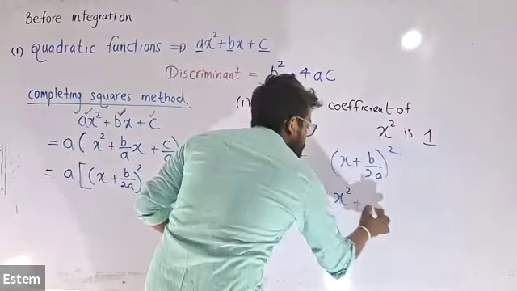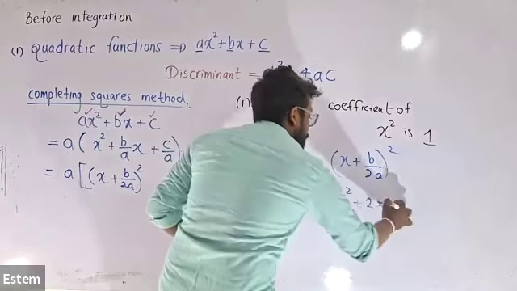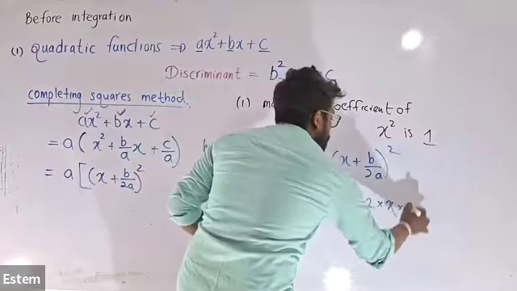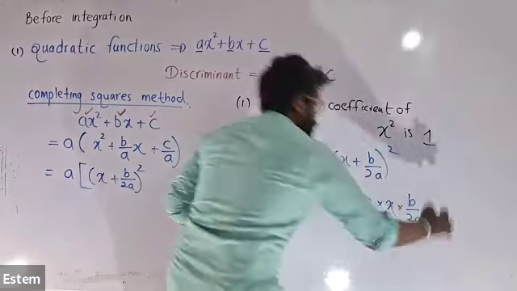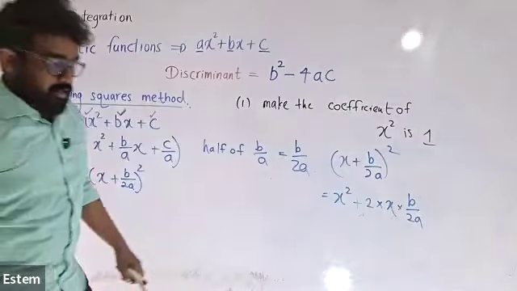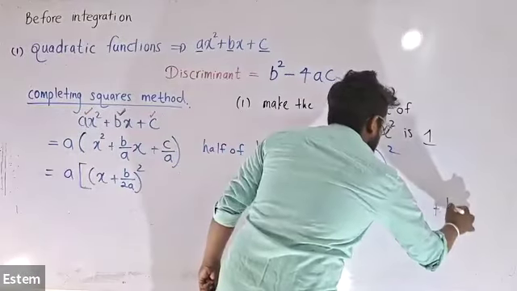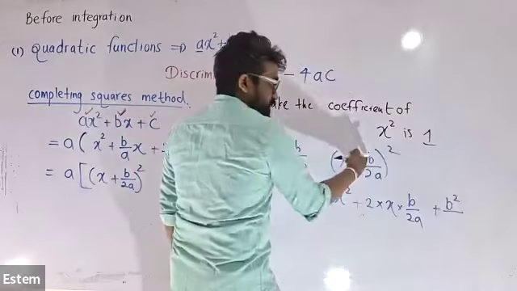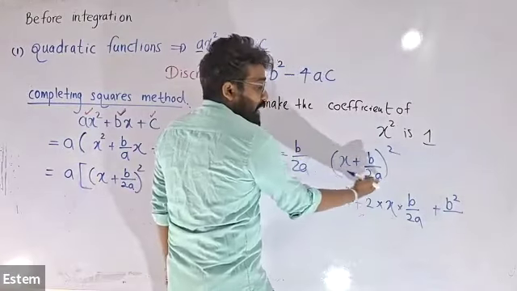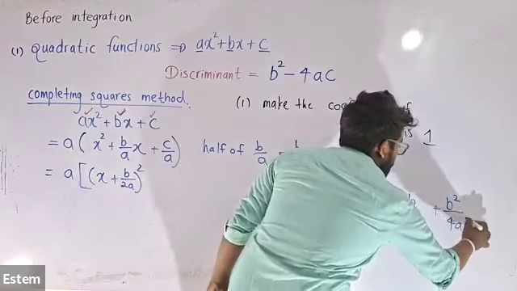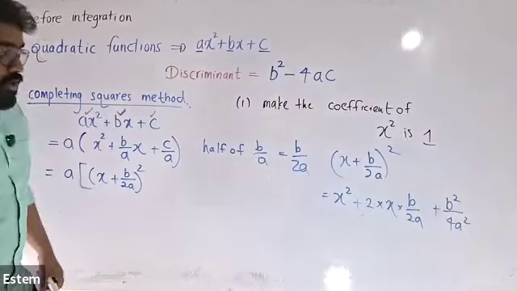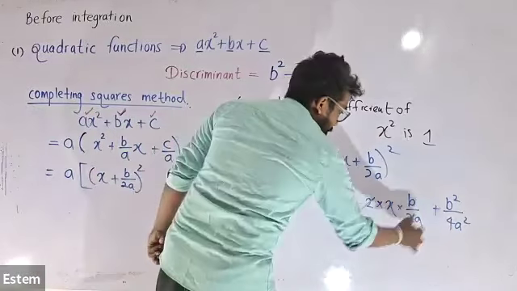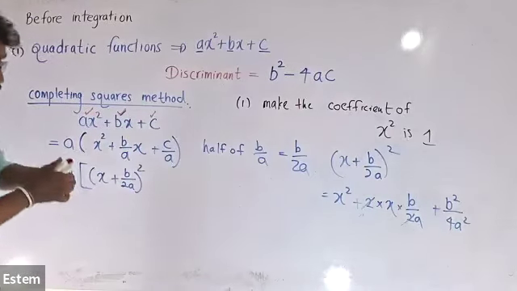x squared plus 2 into x into b over 2a plus b squared over 4a squared. Then slowly ask.